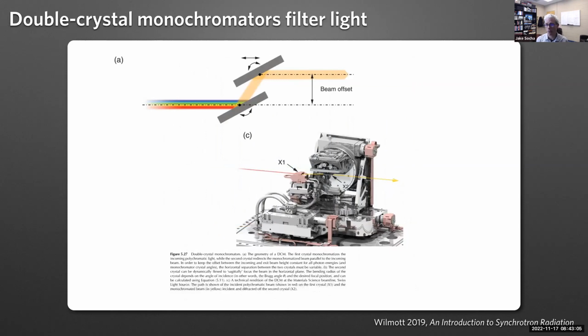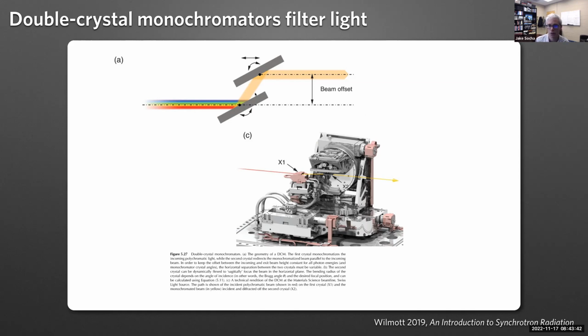Now there's different types of light that can be produced. There's white beam, which has a broader range of wavelengths or energies of the X-ray. But typically we've done our work using a monochromator. What a monochromator is, it is a device that has two crystals, and essentially the raw X-ray beam that has a broad bandwidth comes in, and only a very small bandwidth of X-rays is reflected from that crystal.